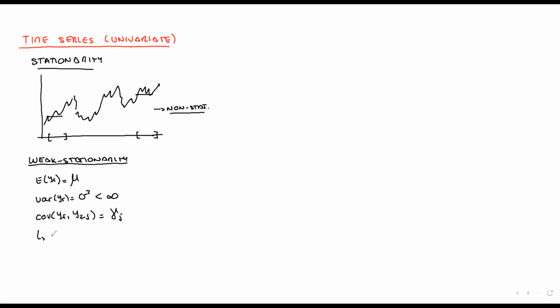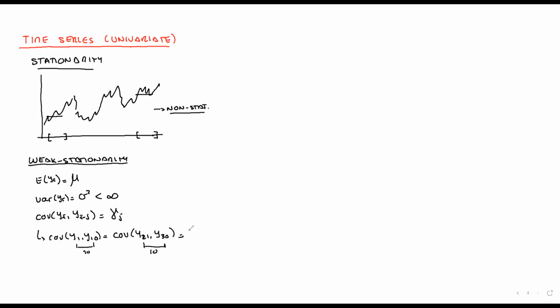For example, the covariance of y1 with y10 is going to be exactly the same as the covariance of, let's say, y21 with y30. So the distance here is 9, well, it's 10, and the distance here is 10. So what matters is the distance. If we take two intervals and we compare them, the covariances are going to be the same.